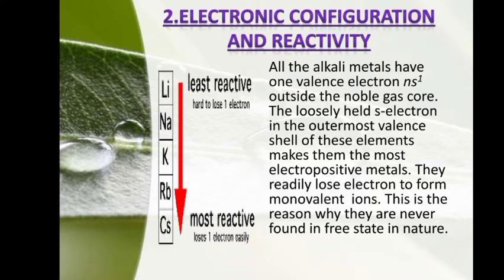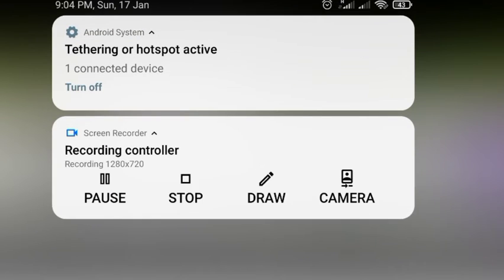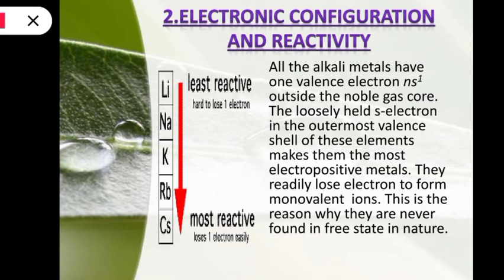So the nuclear attraction on the valence shell decreases. Hence cesium can easily remove one electron compared to lithium. So cesium is highly reactive compared to lithium.